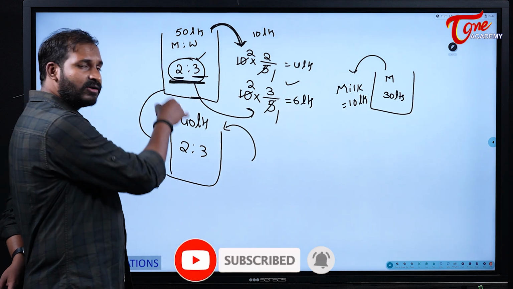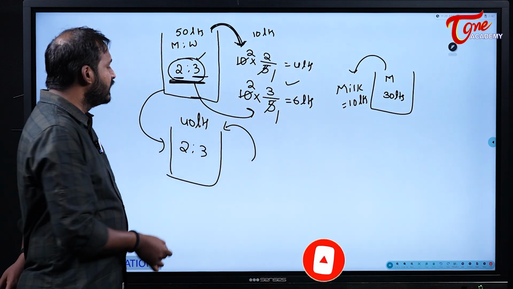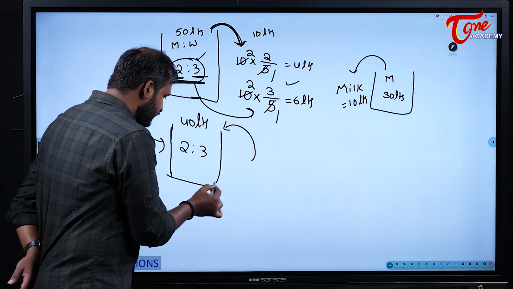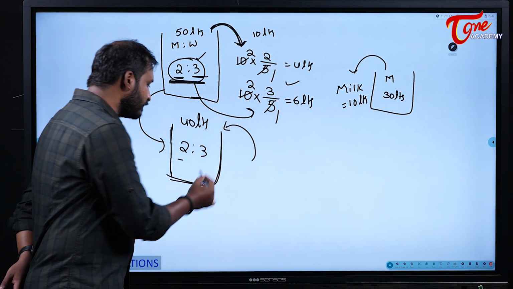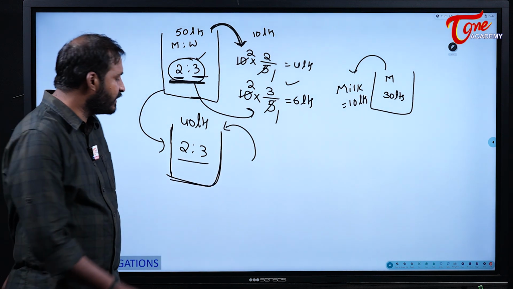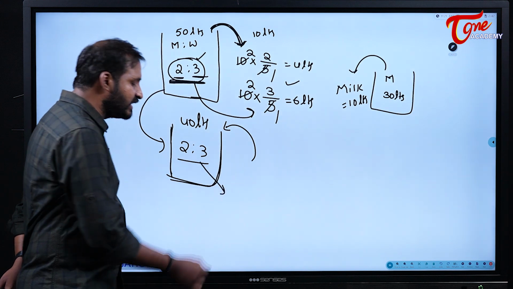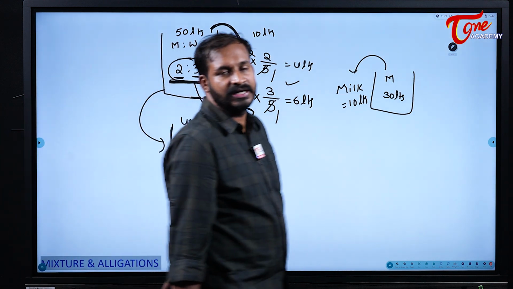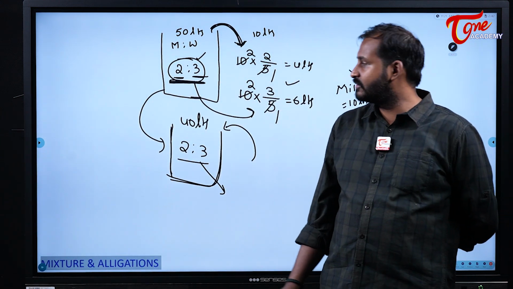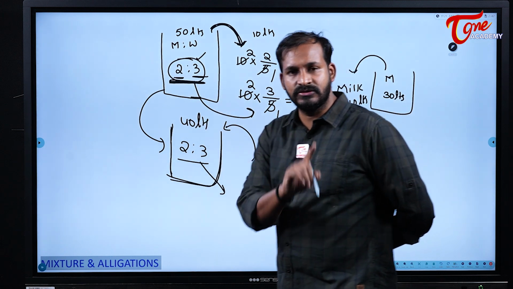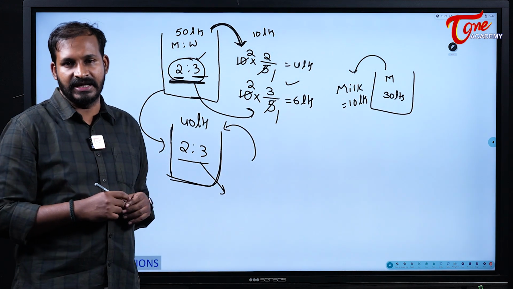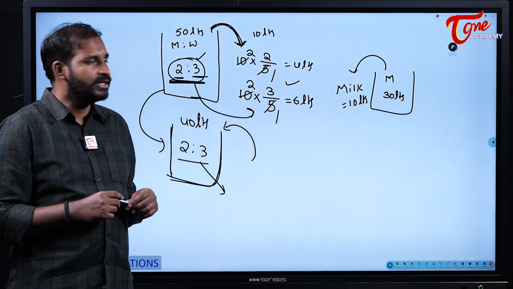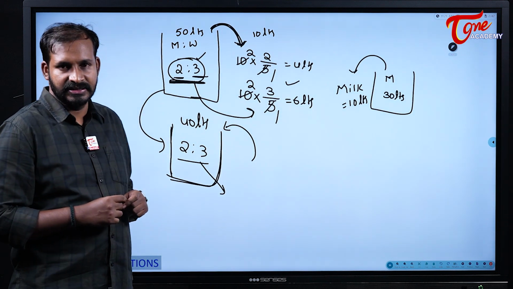And next, after drawing some quantity from the mixture, the quantity of the mixture will change, but the ratio in which they are present will not change. They will still continue in the same ratio, that is 2:3. These are the two major things you should understand, because later while solving problems, we will apply this directly.